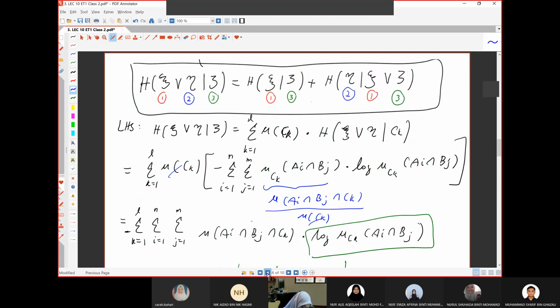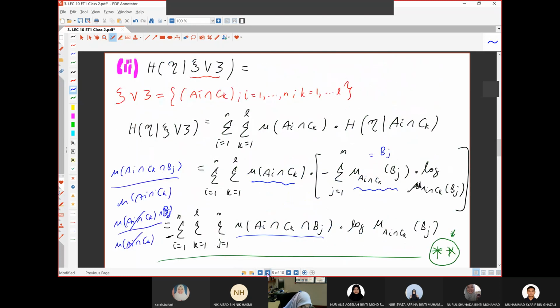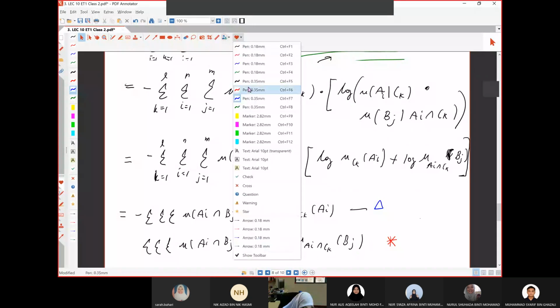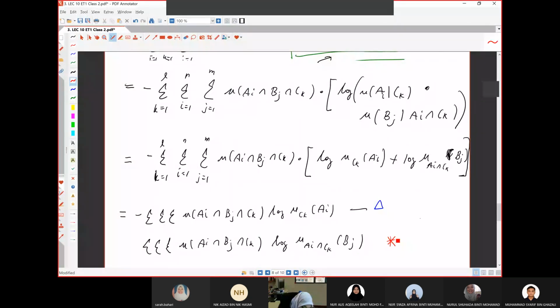So the 2 star is equal to minus of 3 sums with mu AI intersect CK intersect BJ multiply with the log mu AI intersect CK of BJ. Okay, so this is the green. So the green star gives you this equation. Then after you calculate, you can get the red one. So this is for the second term. Second term is equal to minus of 3 sums mu AI intersect BJ intersect CK log of mu AI intersect CK of BJ. So the same.